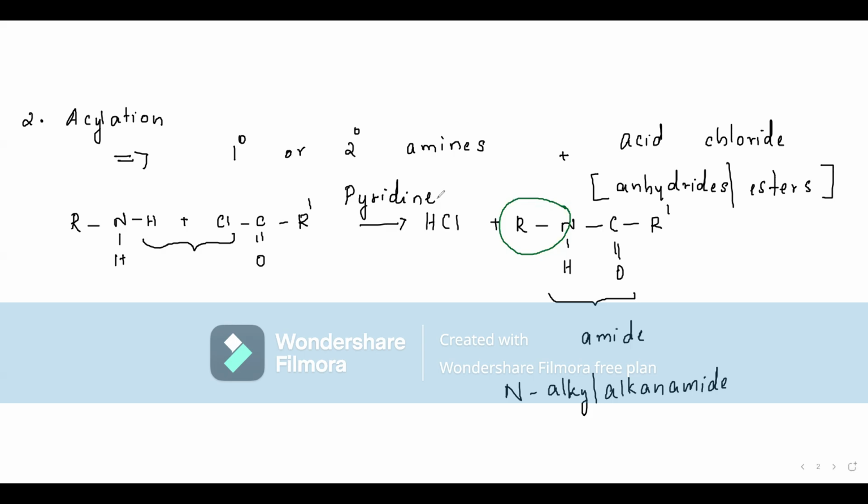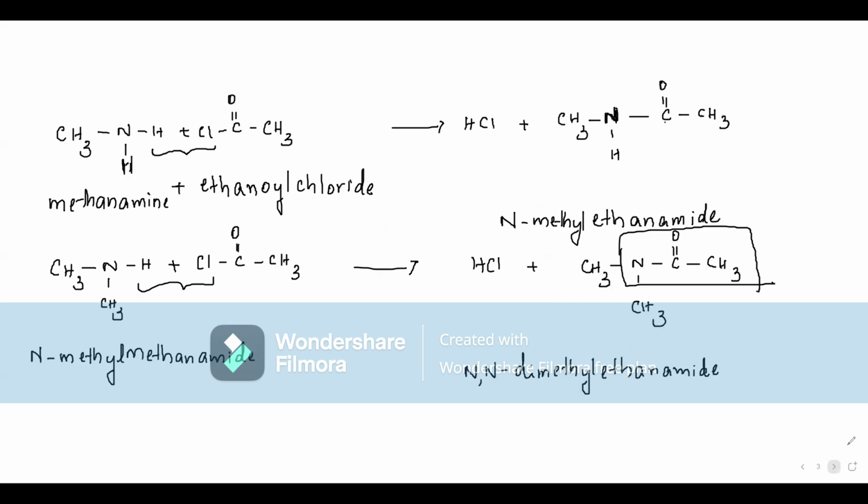Now I repeat this. See why I have not written pyridine initially: the reaction will take place even without pyridine. But the function of pyridine is just to remove the HCl as soon as it is formed. So if you forgot the name pyridine, at least write a base here.